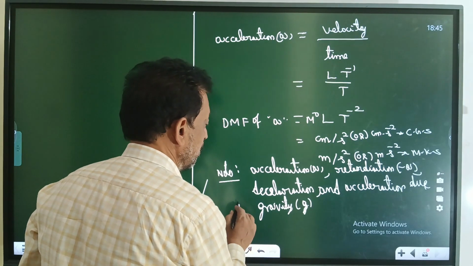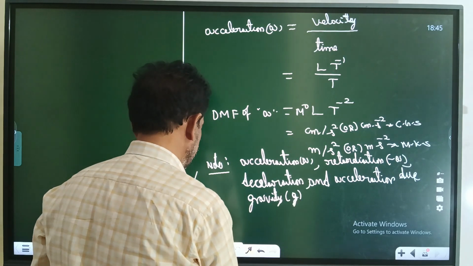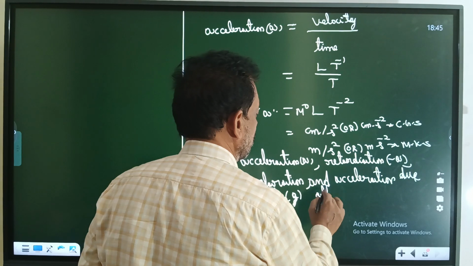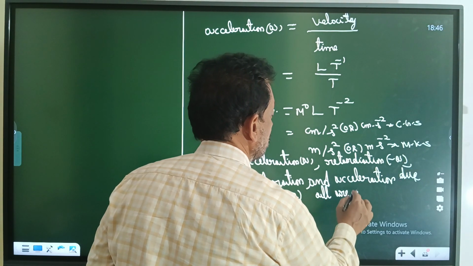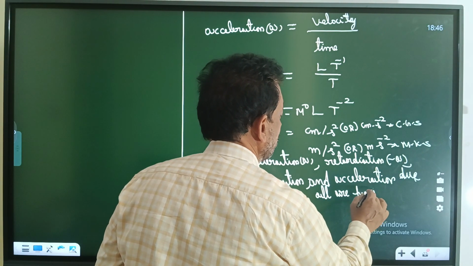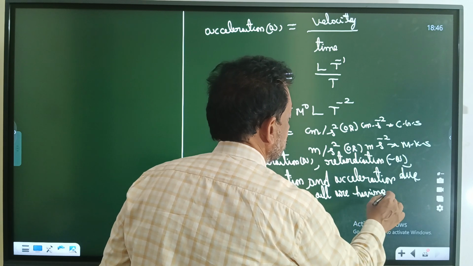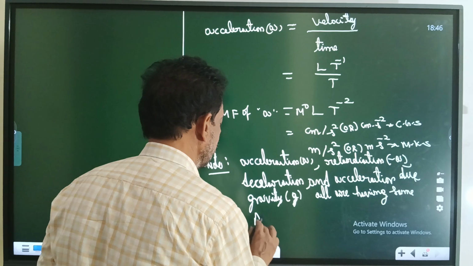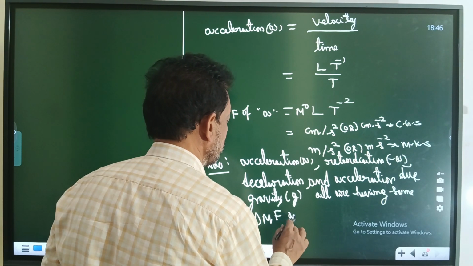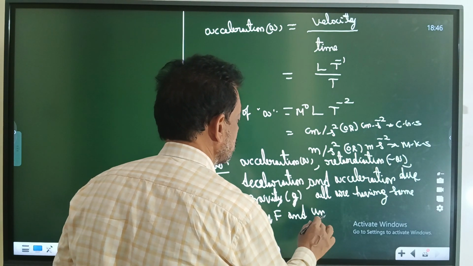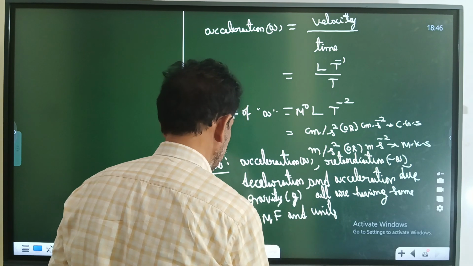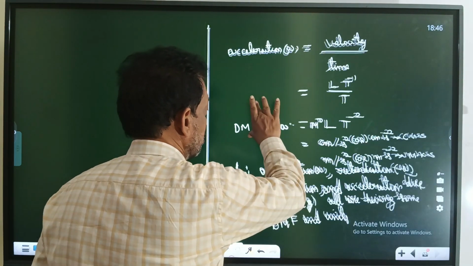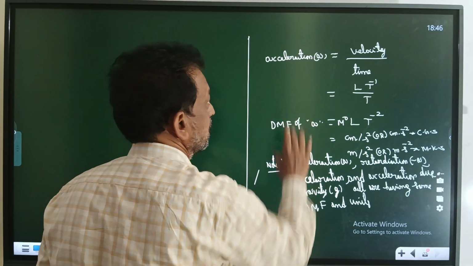All are having the same dimensional formula and the same units.